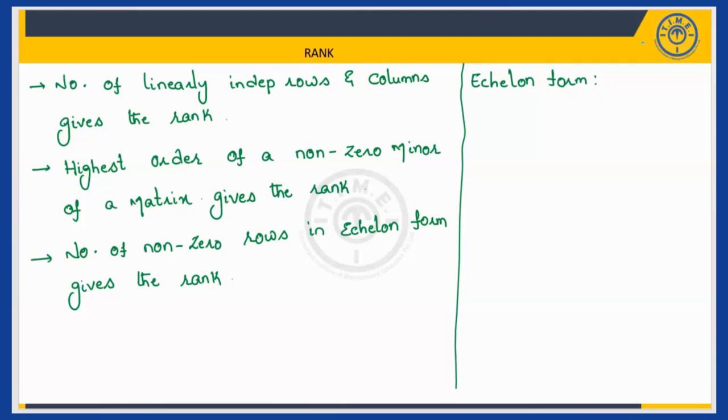We can define a matrix as being in echelon form if it satisfies two conditions. The first condition is zero rows, if any, must be below all non-zero rows.